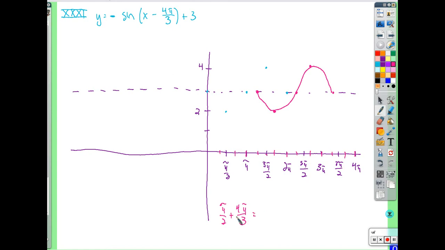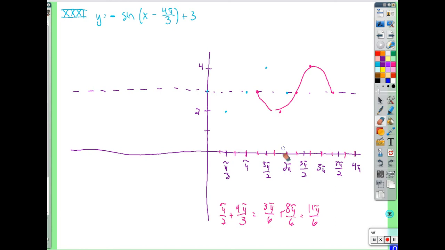That's going to be a common denominator of 6. We're going to multiply this by 3, so 3 pi over 6. Multiply this by 2, so that's 8 pi over 6. So that's 11 pi over 6. This is 12 pi over 6. 11 pi over 6 is right there. So this point should be here instead of there.